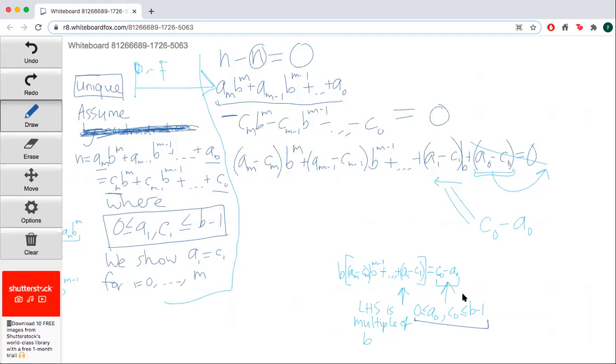Okay, how about this? I have these numbers a0 and c0, which are greater than or equal to 0, and they're less than b. So what's the biggest possible number that I can get from c0 minus a0 within these constraints? What's the biggest possible value of this thing?